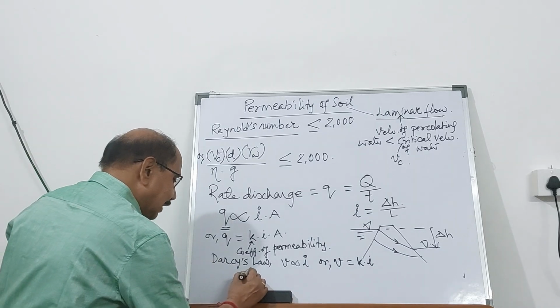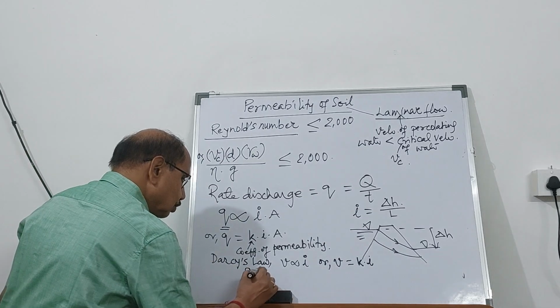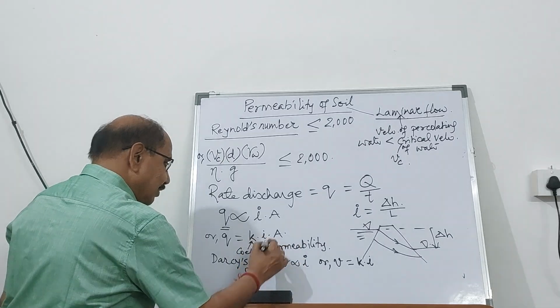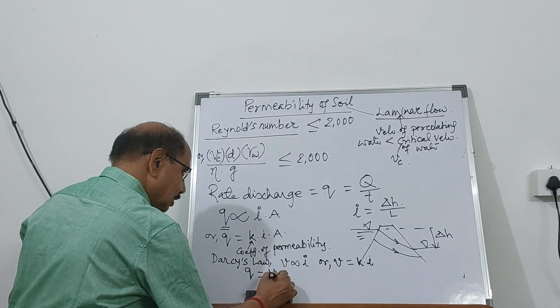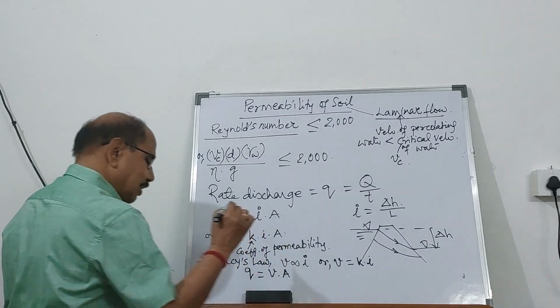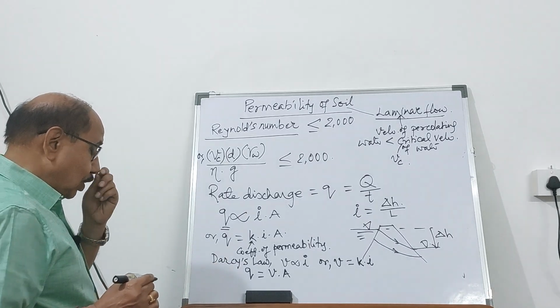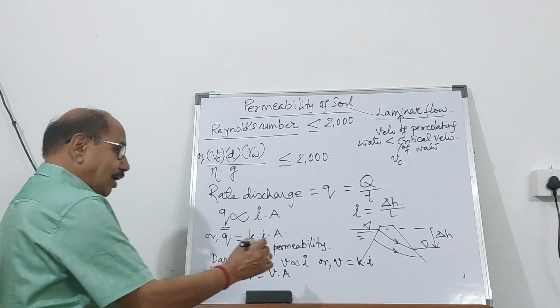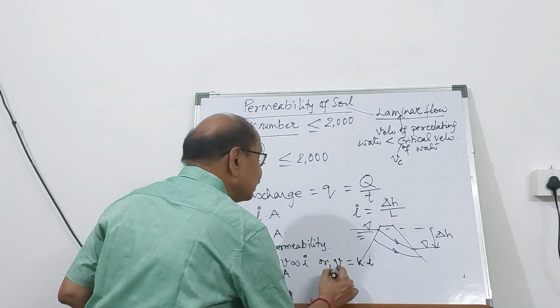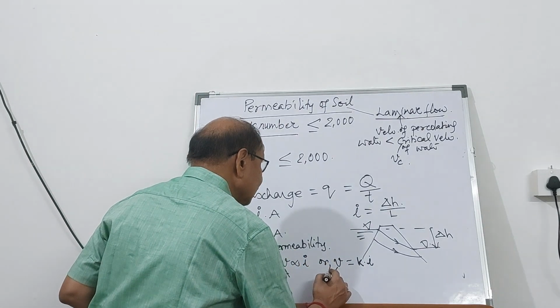So we can say Q equal to K i, which becomes the velocity into cross-sectional area of the sample. So this velocity is called discharge velocity.